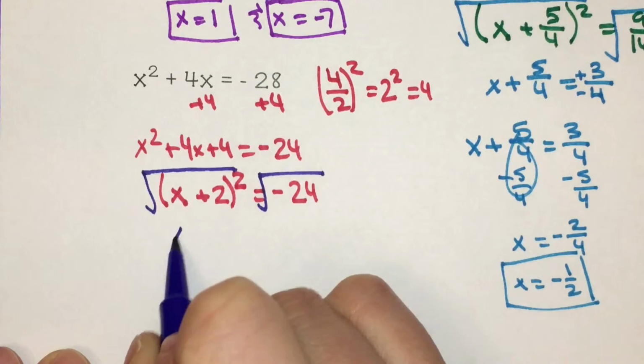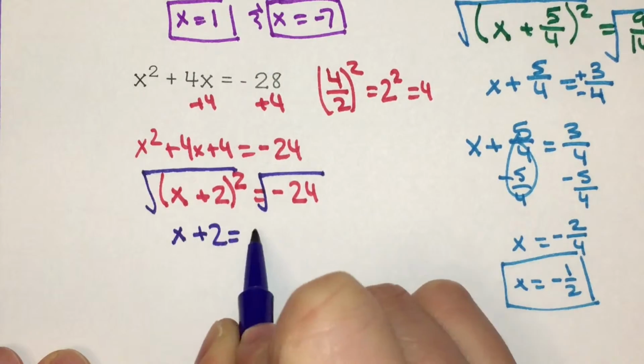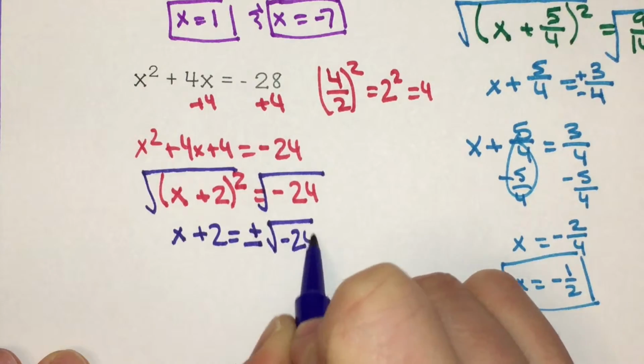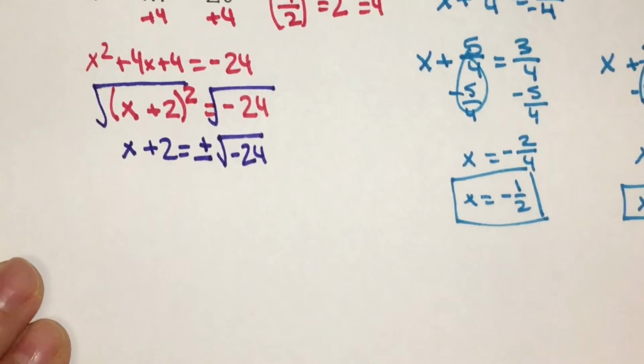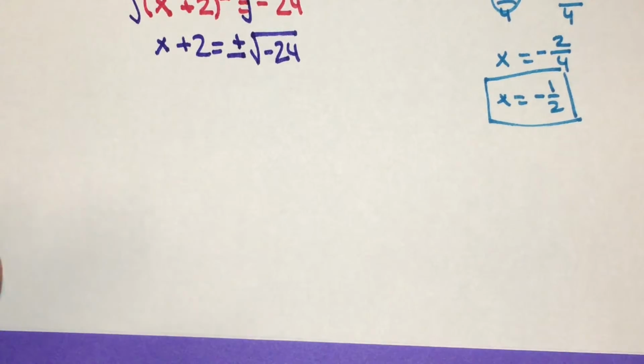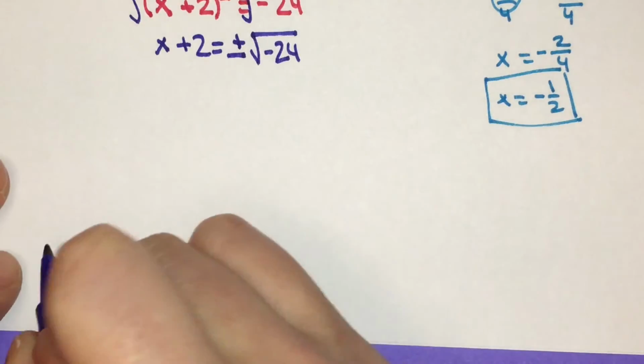Square root and square undo each other, so we have x plus 2 equals plus or minus square root of negative 24. All right, so we have that negative underneath. I'm going to bring this down to the bottom. I'm just going to figure out square root of negative 24.